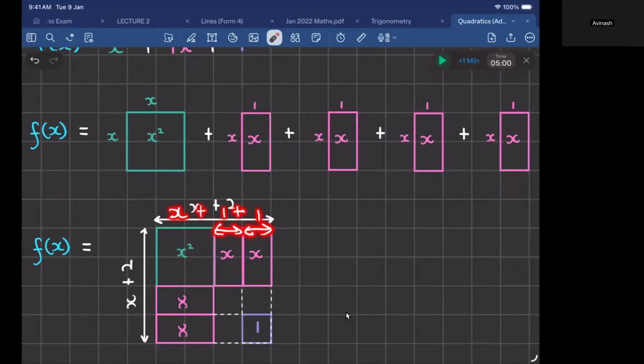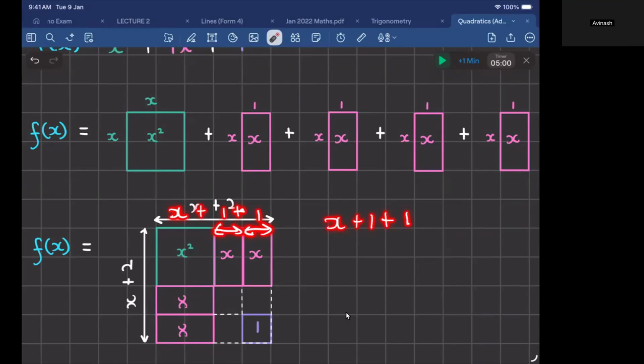I want to say, 2x. I'm not sure. You can figure this out. Come on, x plus 1 plus 1. You can do it.